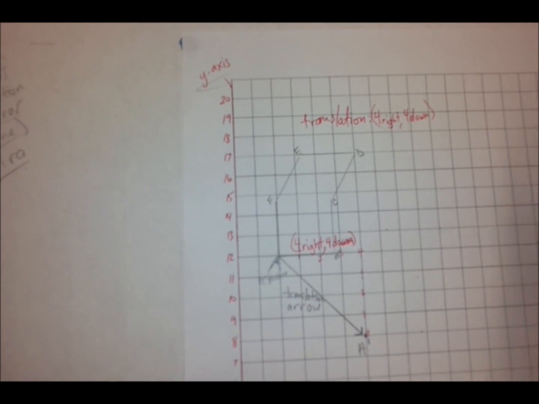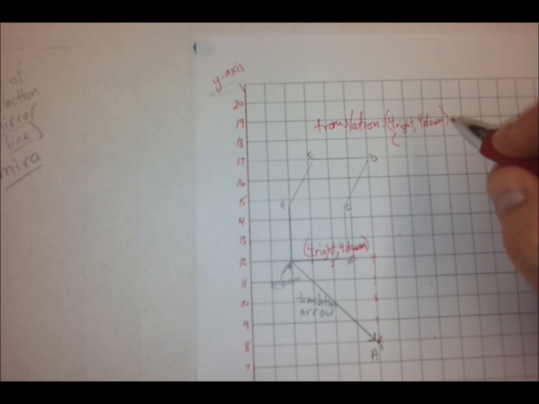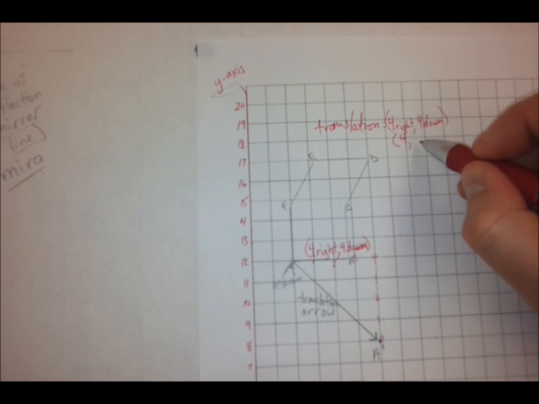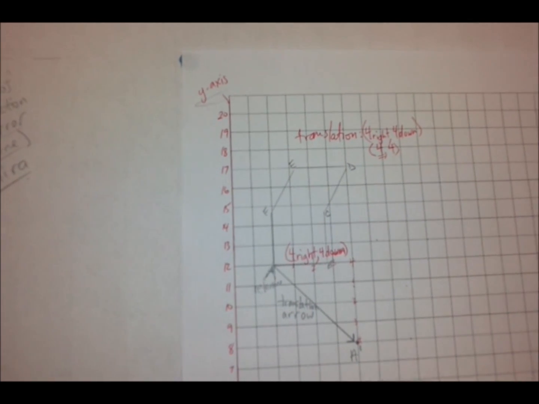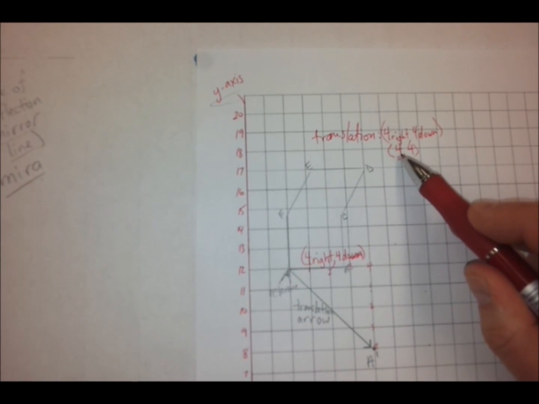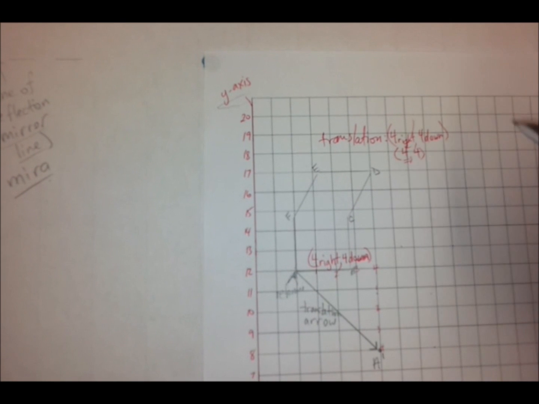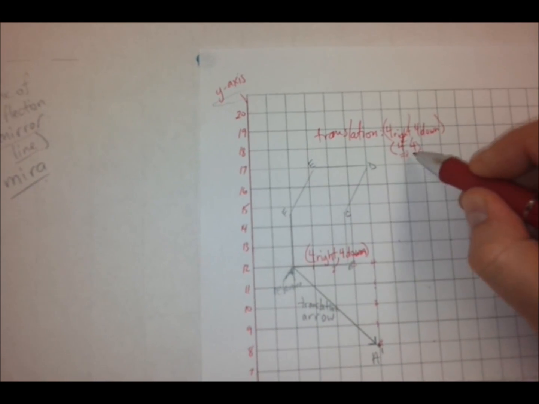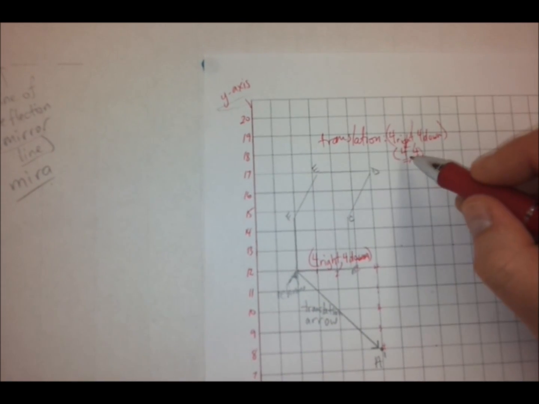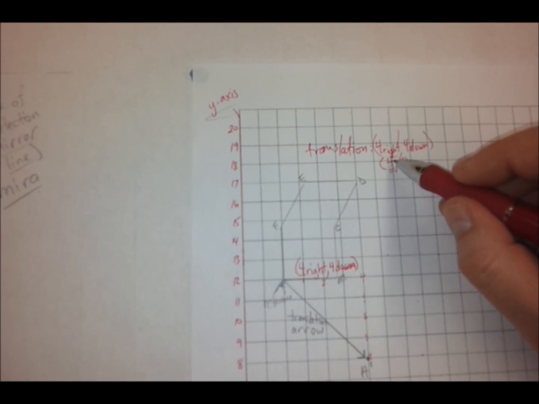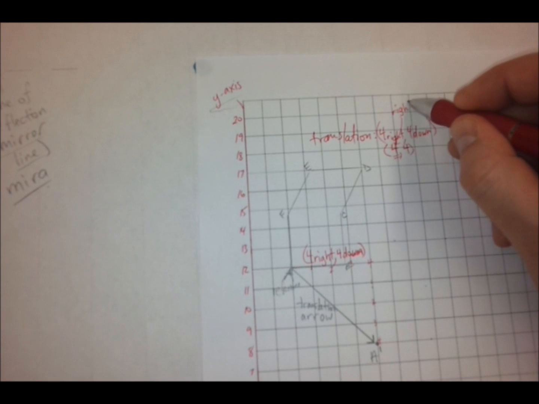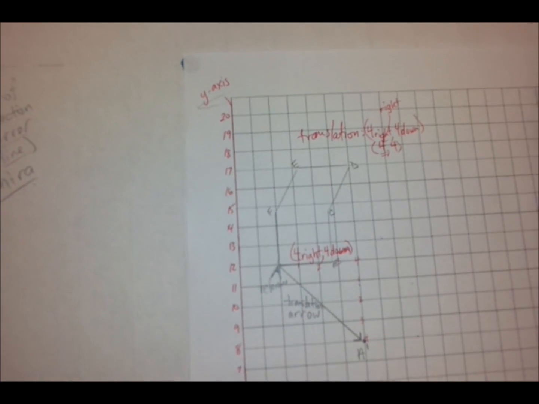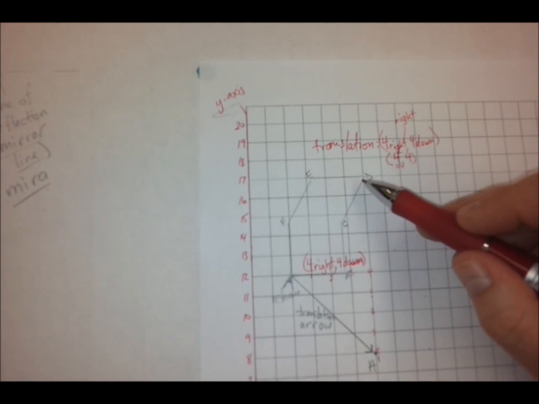Okay, now how could you show that again? Well, when you're talking about coordinates, we don't have to write right or down, because the first movement is always the first number shown whenever you show a coordinate pair. So when you're describing a translation, the first number here, 4, means to the right. And in grade 7 and 8, you'll see that if it says -4, it means to the left.